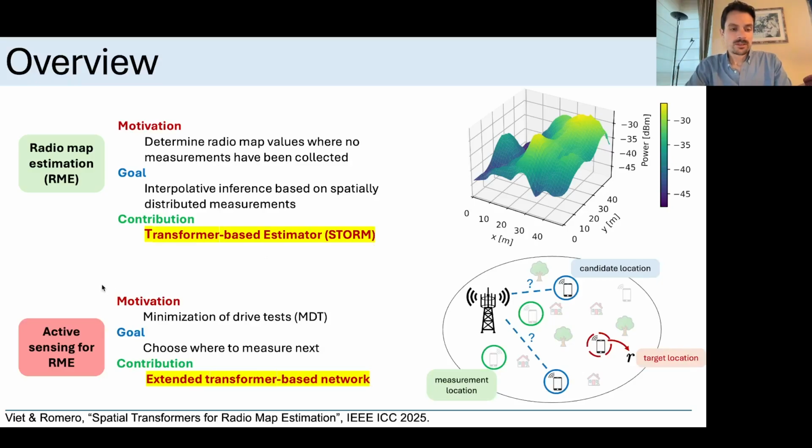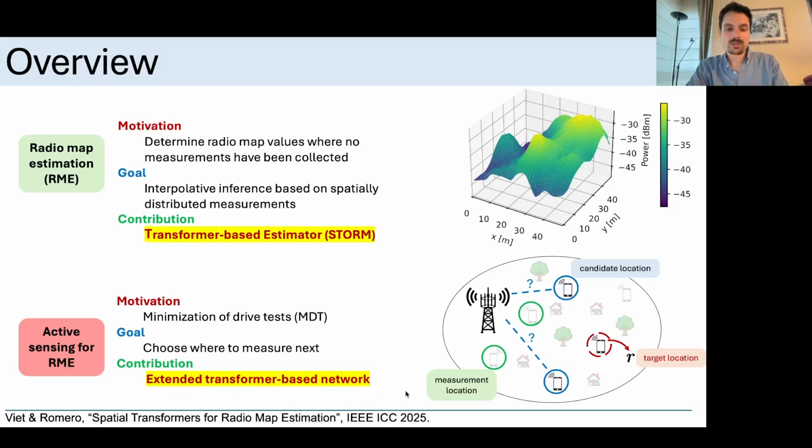And the second contribution deals with active sensing for the radio map estimation problem. So here the goal is to decide precisely where to collect these measurements to maximize performance.